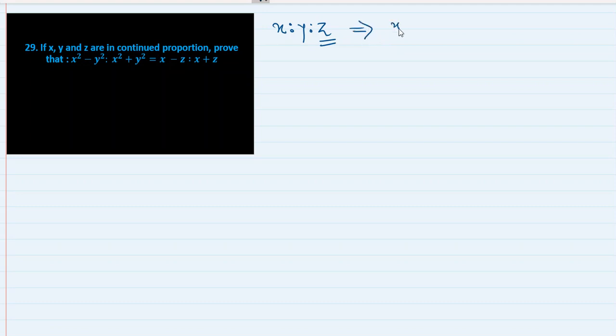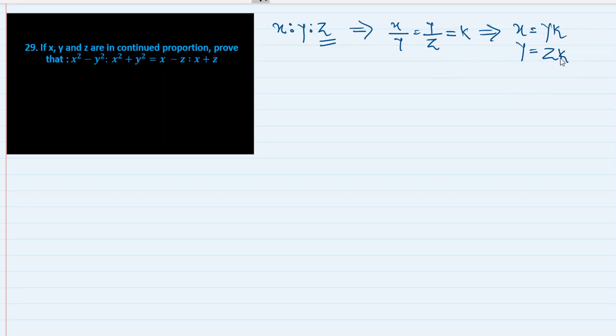So this means that x upon y is equal to y upon z. Now we have to take x upon y is equal to y upon z as k. Therefore, we can say that x is equal to yk and y is equal to zk. Okay.